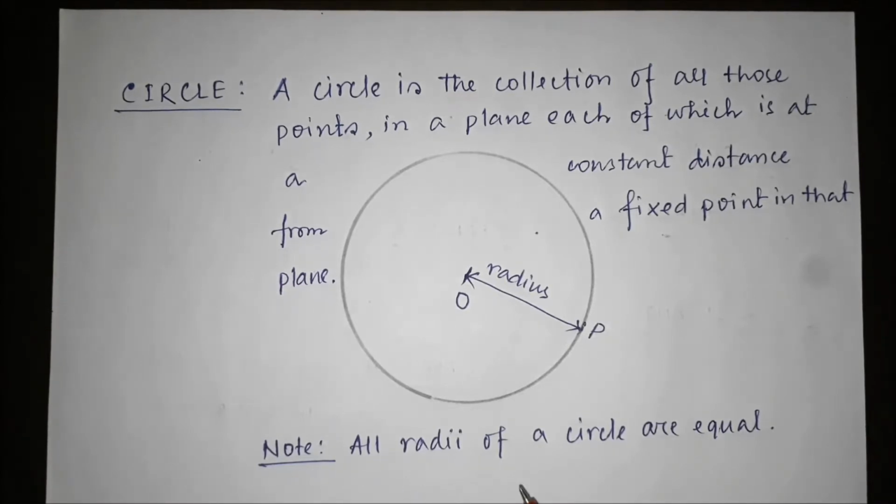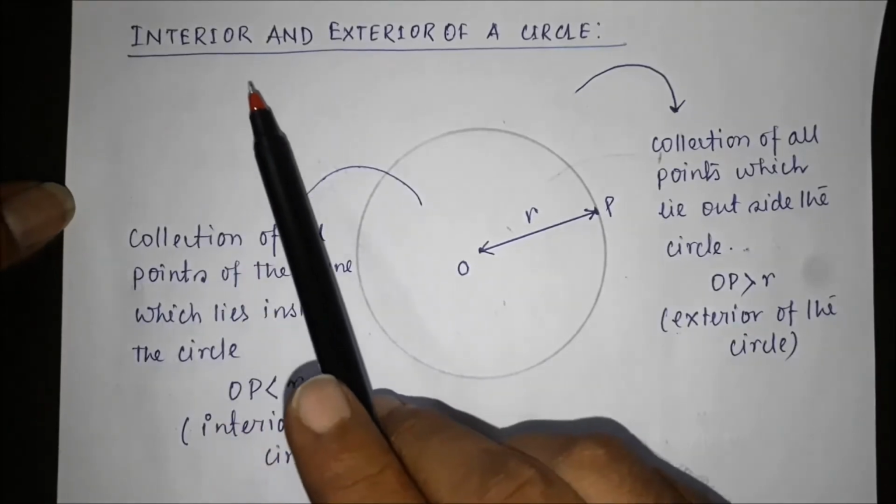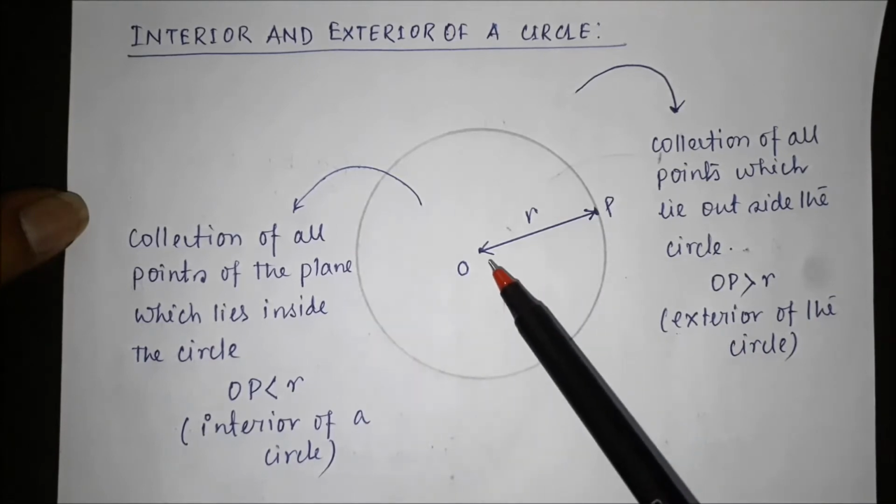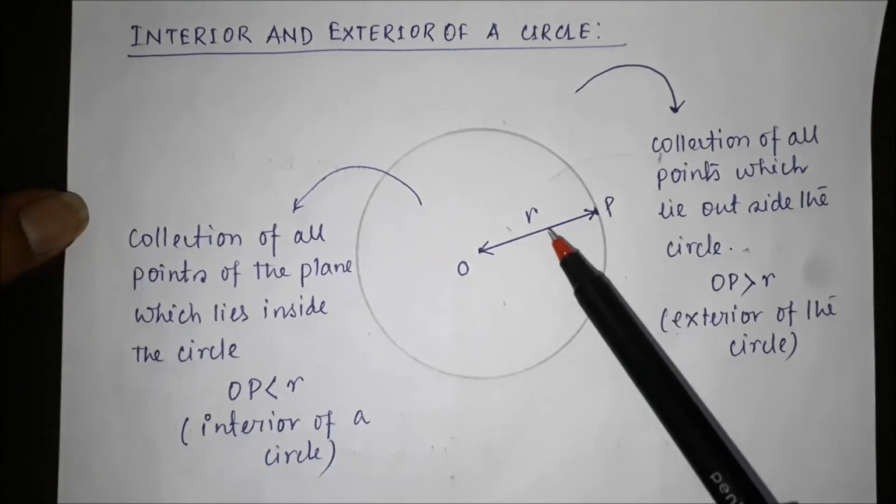Now, what is the interior and exterior of a circle? Now, there is a circle whose center is O and the radius is OP.